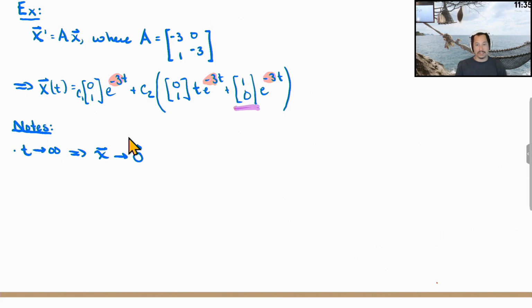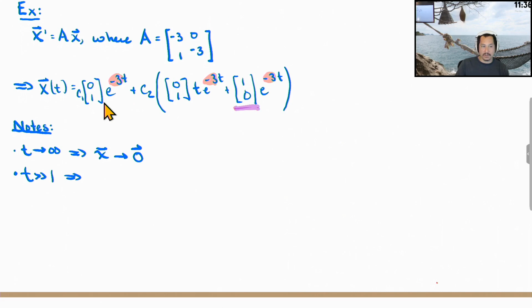Everything going to the origin, this is feeling like a sink, right? There's some sort of sink going on here. But I want to know what happens really far forward in time. If I'm going really far forward in time, all of these exponentials in the limit will go to 0, but they are getting smaller.